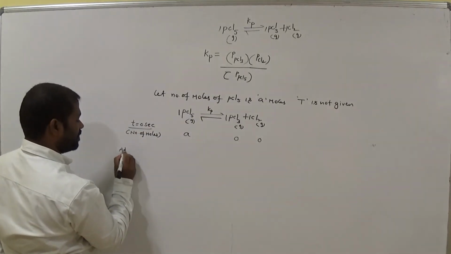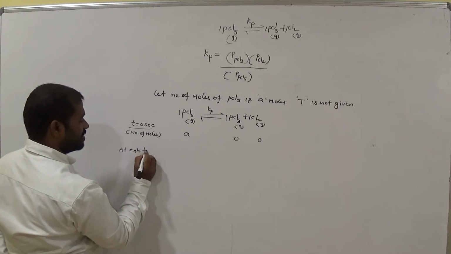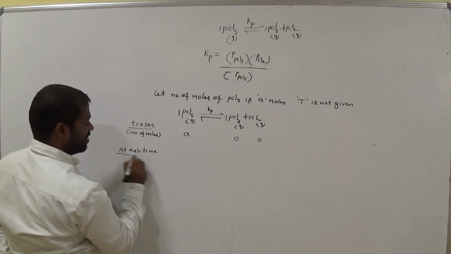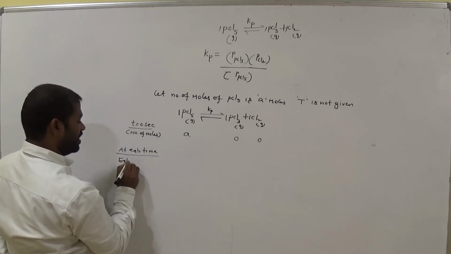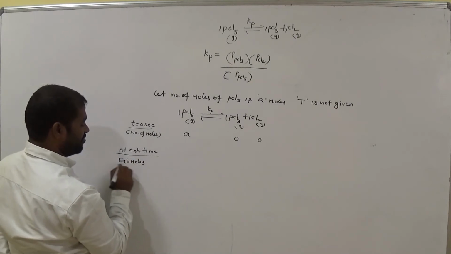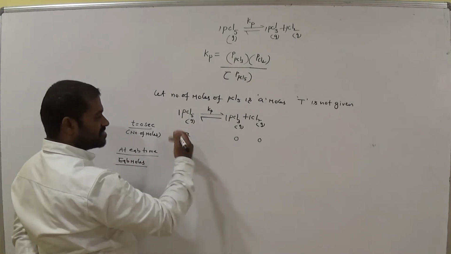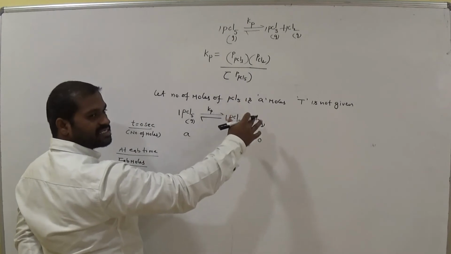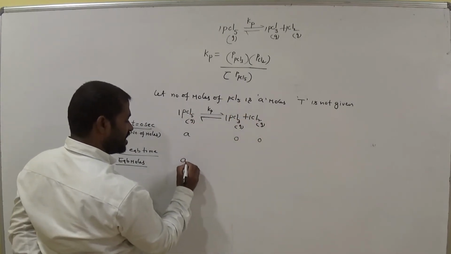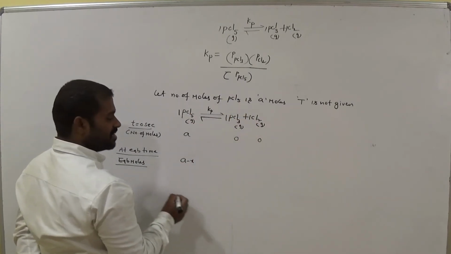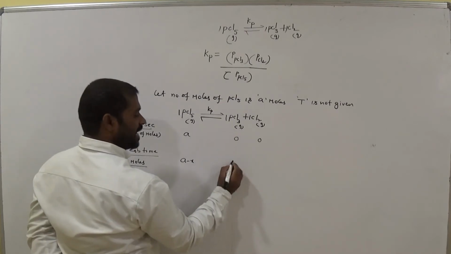So at equilibrium time, what we call equilibrium moles: X moles decrease, they are converted into products. Then the remaining moles means A minus X moles we have. And how many moles are here? X moles. Why?